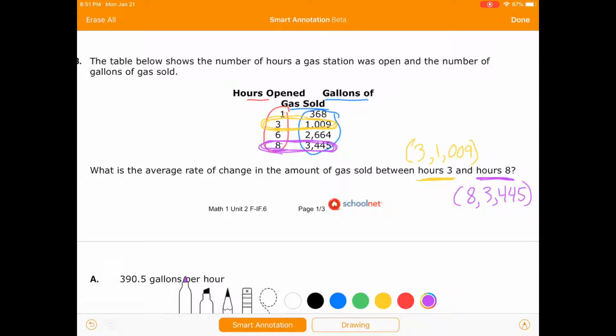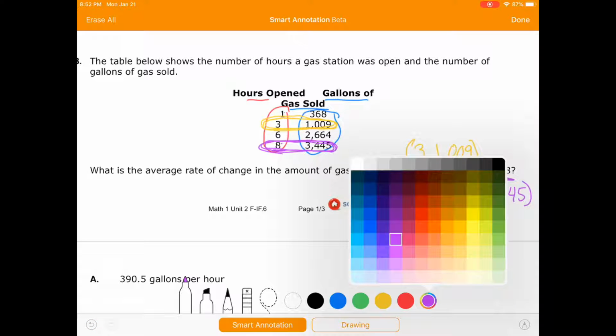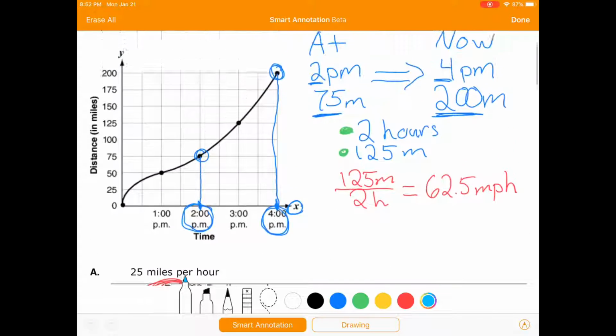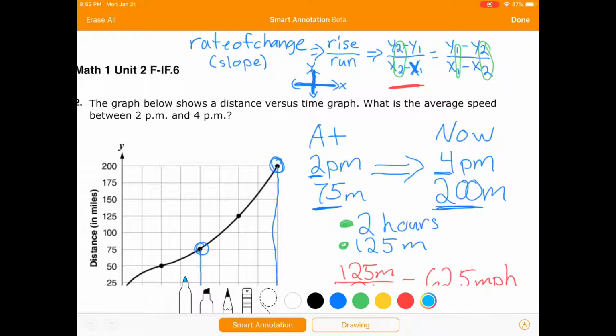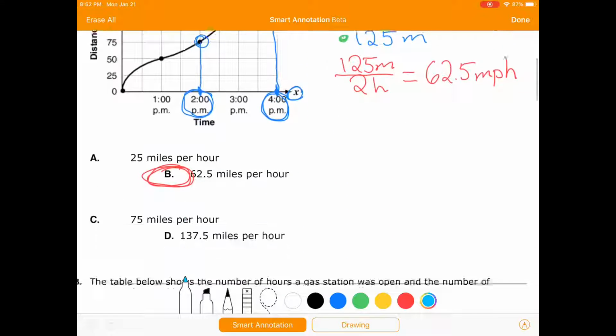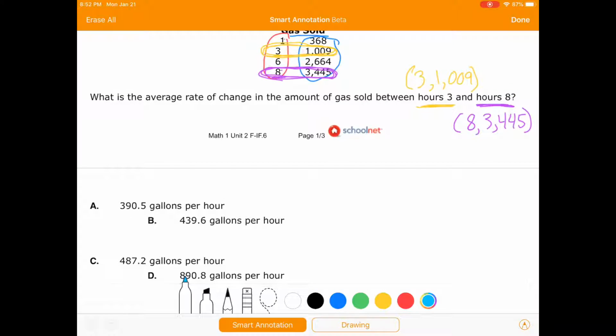So this is where we want to go back up to the top of our screen and use our formula. Again, either this one or this one, it does not matter. So I'm going to choose one. So I'm going to choose the yellow or the hours 3 first. So I'm going to put the Y first.